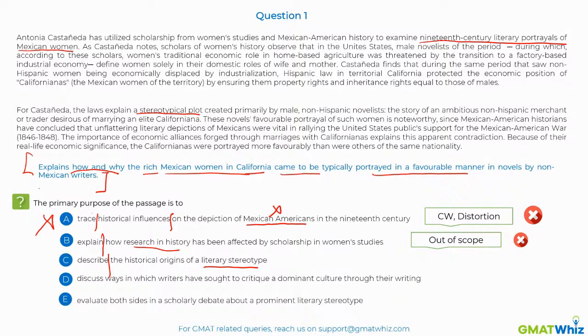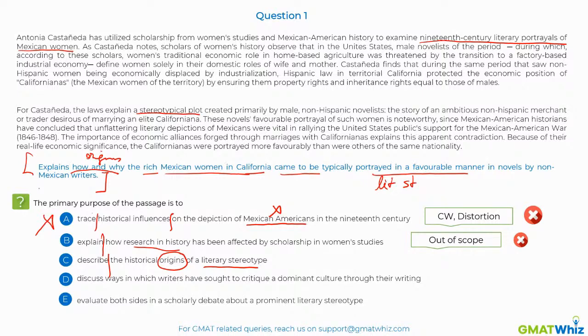So, is the author trying to describe how the Mexican women came to be typically portrayed? The how and why can be covered by the word origin. So I'm going to hold on to it. I'm not very convinced, but I'll hold on. See how I'm trying to align. So how and why could be taken care of by origins. So this is the literary stereotype here. All right. And I'm going to hold on to it therefore.